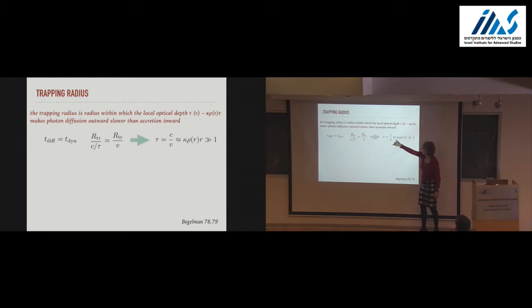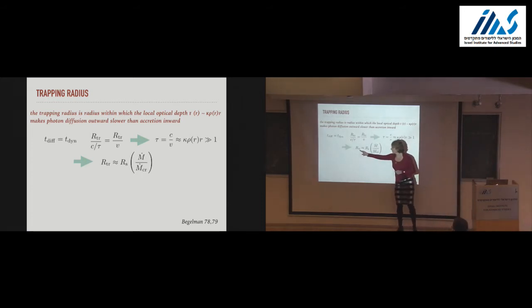And then if I express tau like this, that, okay, it's okay if, for instance, rho is a power law. Then I can solve for R trapping, and I find this expression. So the trapping radius is a very important radius in an accreting system, also in a wind, which is optically thick.